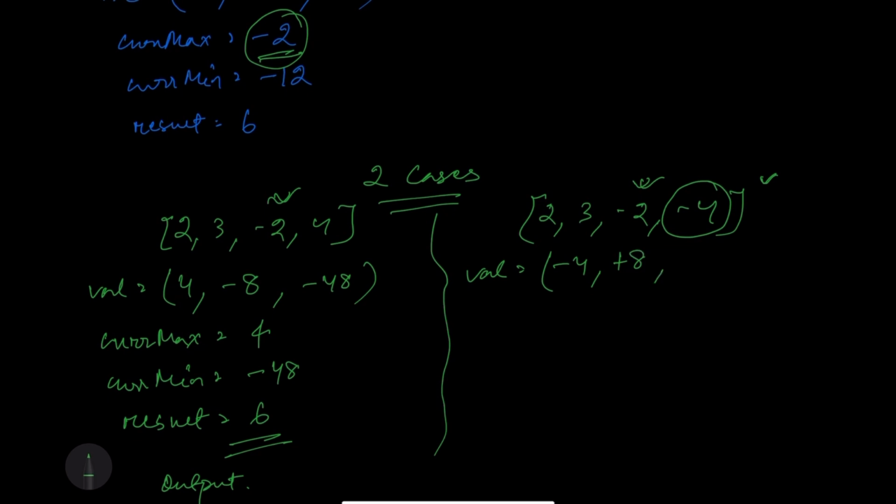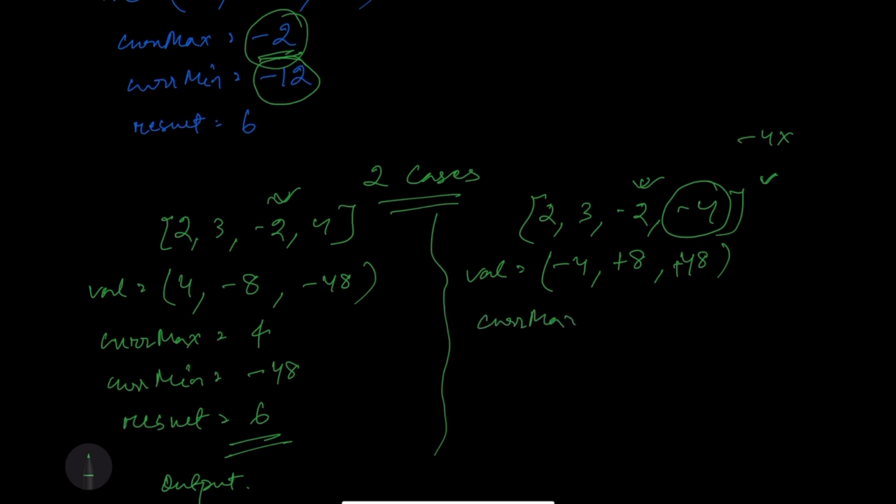Now if we do -4 into the current minimum that we are maintaining, which has gone to somewhere around -12, it would be +48 now. You can see how that product turned into a larger value. So this would be our maximum product, we can already guess.